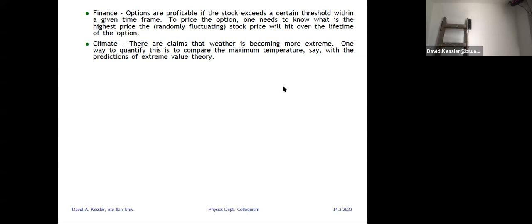And then another one with climate, there's a claim out there that, because of global warming and all that good stuff, weather events are getting more extreme, that not only is the world getting hotter on average, but really the big effect is that there are going to be huge swings in temperature.